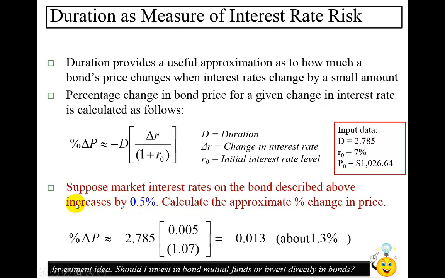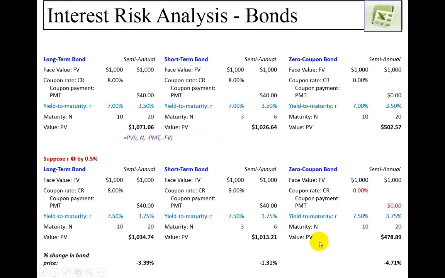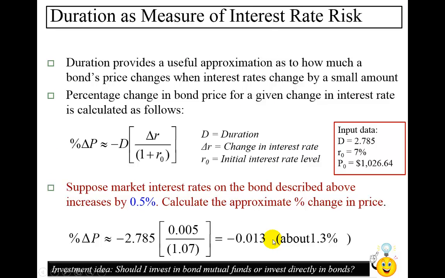If interest rates go up, as in this case, bond price is going to go down. And in this case, as you can see, by about 1.3%, which if I go back here, is pretty much the change in the value of this bond from 1026.64 to 1013.21.